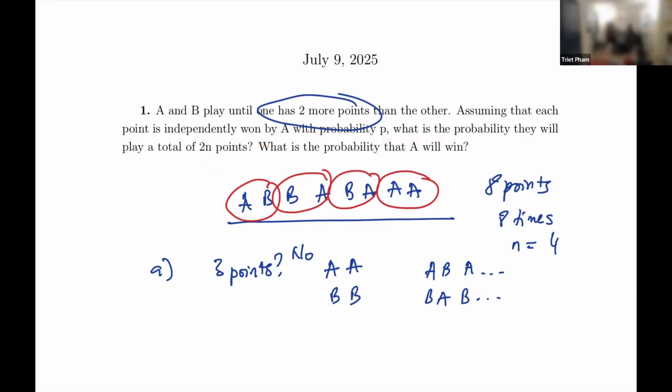Having said that, let's start with that question. What's the probability that this game will be played 2n times, or the number of points is 2n?